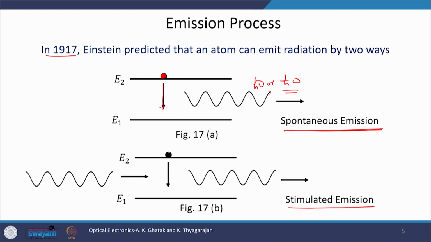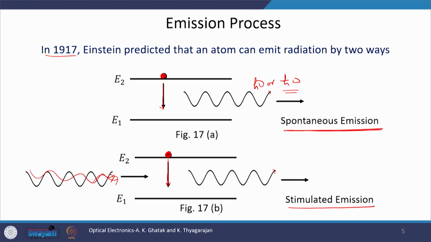Herein the electron from the upper level makes a downward transition in the presence of an external stimulus, which is a photon here. Okay. Now, in this case, suppose the electron is here in the higher energy state, and if a photon of appropriate energy is launched, then the electron goes to the lower energy state along with an emission of a photon of appropriate energy.